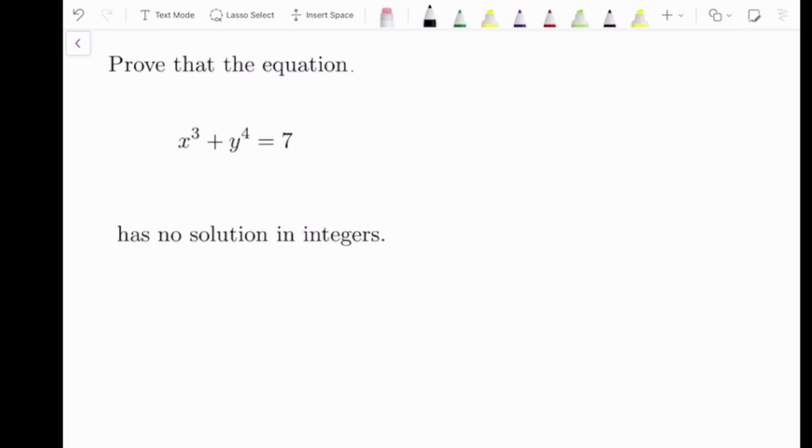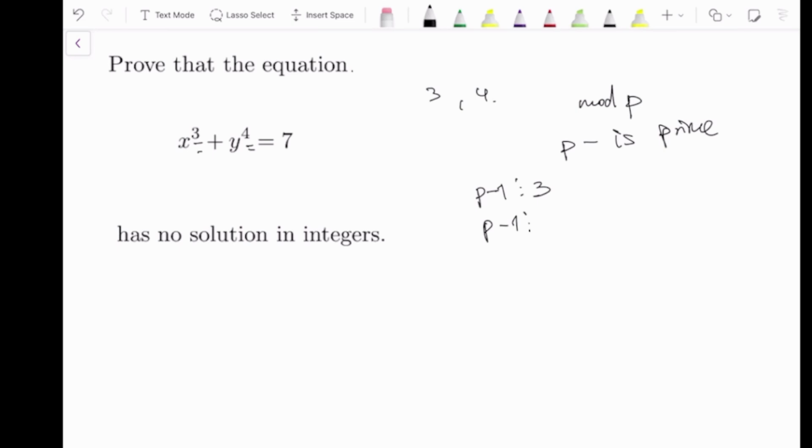So before I jump into the solution, one hint that works in many cases like this is to look into the powers. In this case, it's 3 and 4, and consider the whole equation modulo some number p, where p is prime, and p minus 1 is divisible by both powers.